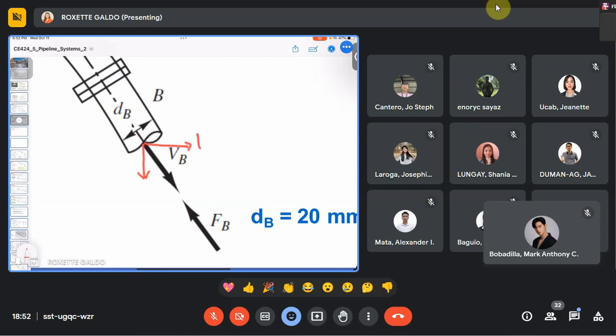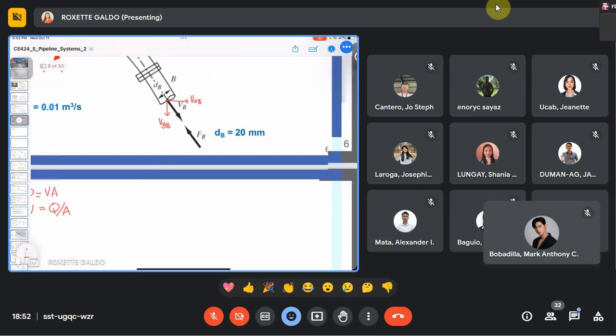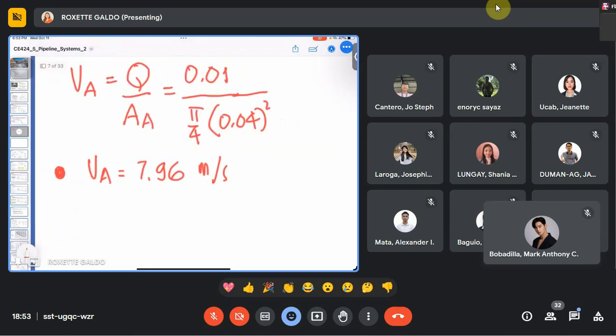So we are going to have Vxb and the velocity along the y direction at point B. So there are two. So in here, therefore, this one is the velocity along x at point A.